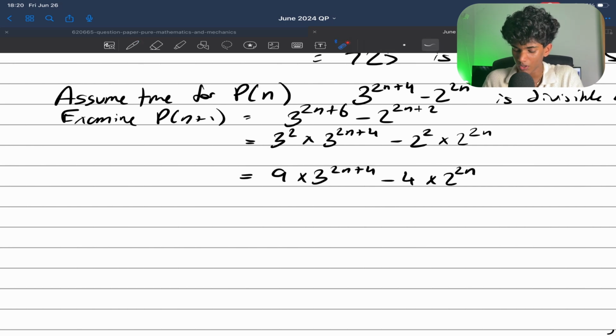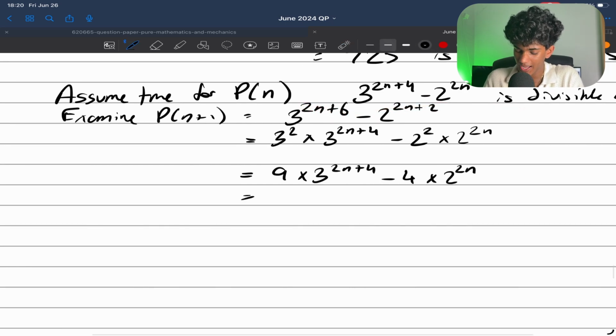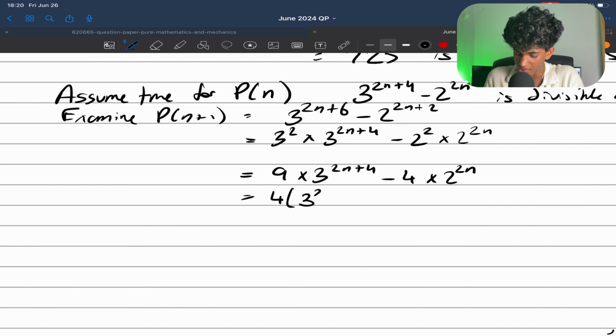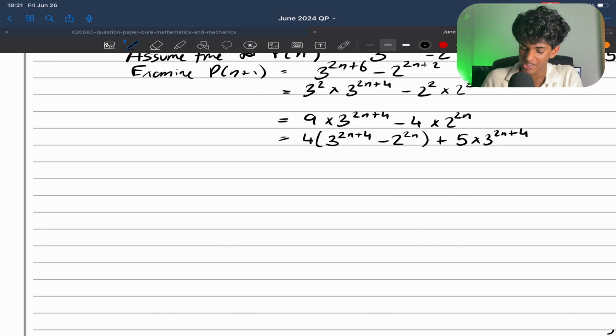So that's looking a bit more like our assumption. What we can do now is let's take out 4 of 3 to the 2n plus 4 and 2 to the 2n. So we have 4 times 3 to the 2n plus 4 minus 2 to the 2n plus 5 times 3 to the 2n plus 4. Okay, and now we're almost done.